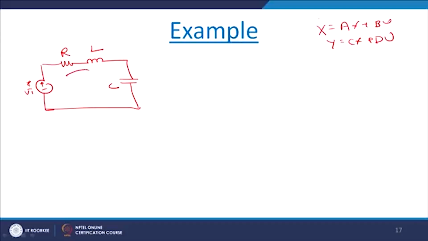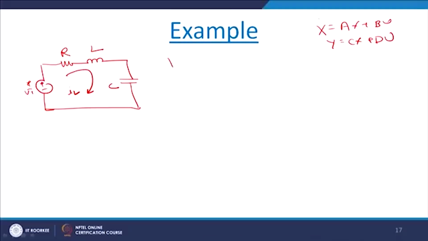Now assume that a current IL is flowing through the circuit. As I told you, our purpose is to develop a state space model. So as per the theory of electrical engineering, first of all we write the equation of this circuit, the differential equations. How do you write it?